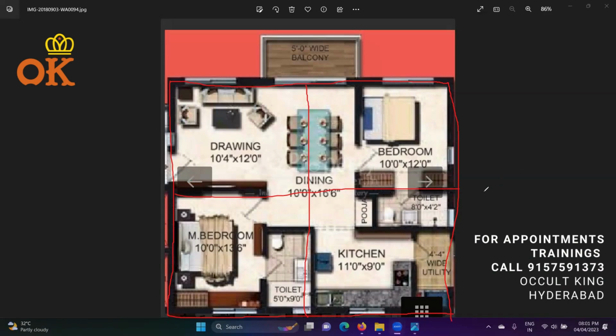For a better understanding, let me put the directions here: east, west, this is north, and this is south. We will further create the sub directions also. This is northeast, this is northwest, this is southwest, and this is southeast.